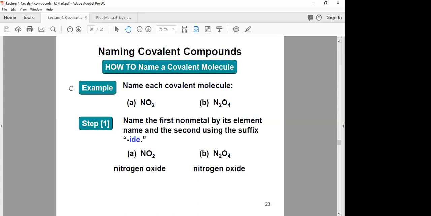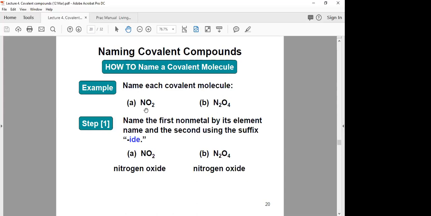And of course, it's also one reason why it's useful to be able to identify an ionic compound when you see it and distinguish that from a covalent compound, because there are two slightly different sets of rules used for naming them. All right, so let's look at how this is done for covalent compounds.